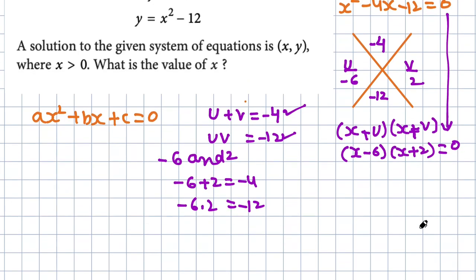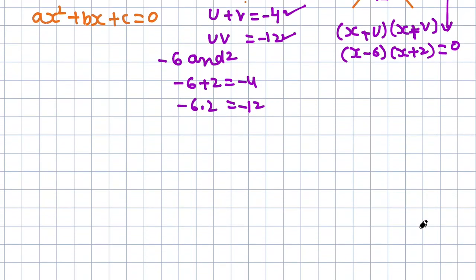Now after doing that, we apply the zero property. Let's see what the zero property is. Suppose this product a times b is 0. If you put a as 0, the result will be 0 because any number multiplied with 0 is 0.